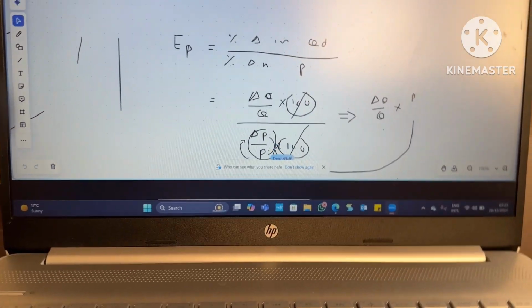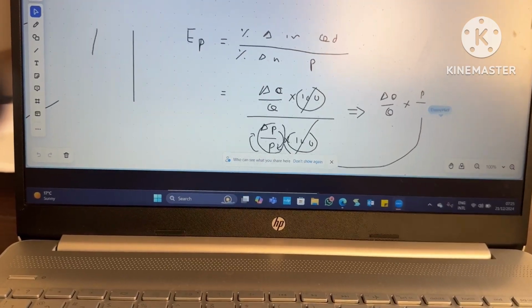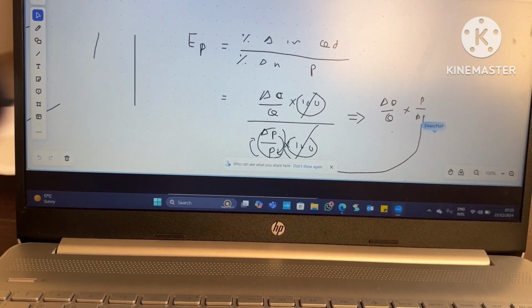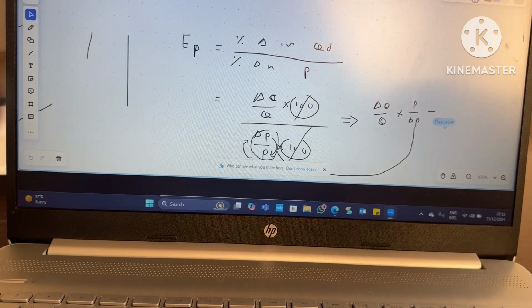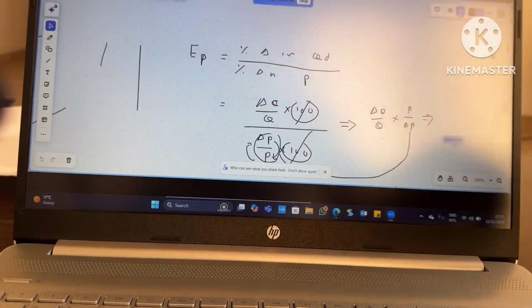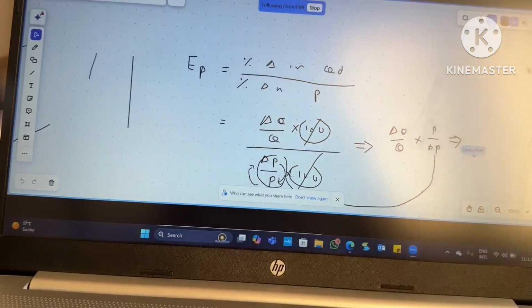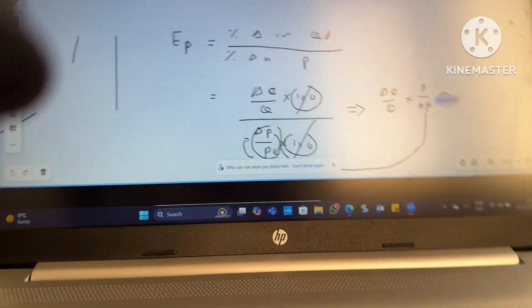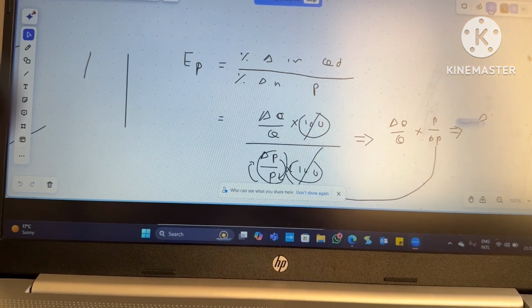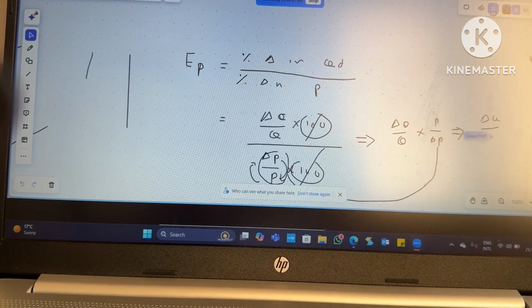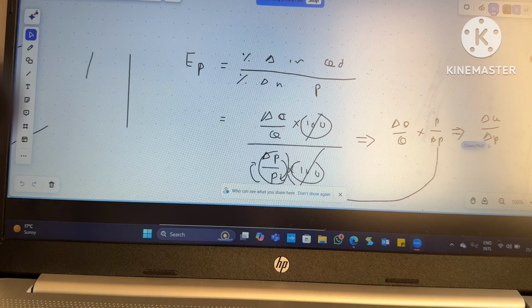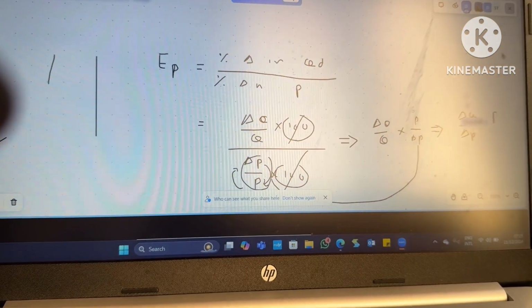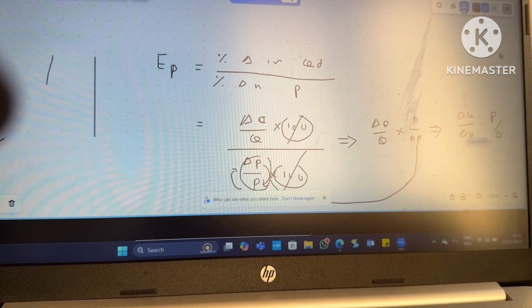You know this basic, right? So it becomes like this. And the same thing we can also write as delta Q over delta P multiplied by P over Q, right?